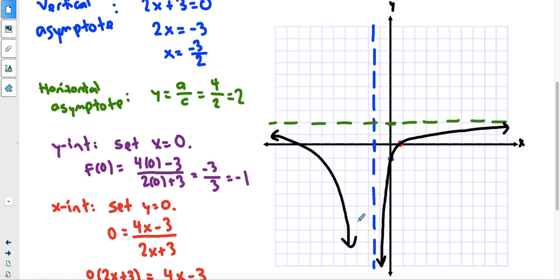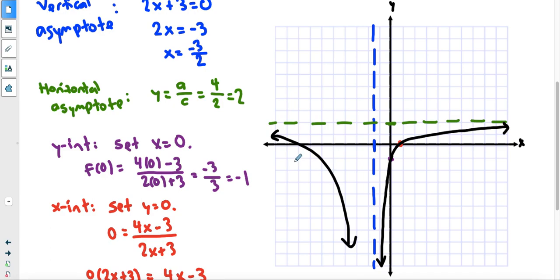If on the left hand side I drew it below my horizontal asymptote like this, then my graph would have another x-intercept. But my graph only has one x-intercept, so this doesn't make sense. My graph cannot be below the horizontal asymptote on the left here.